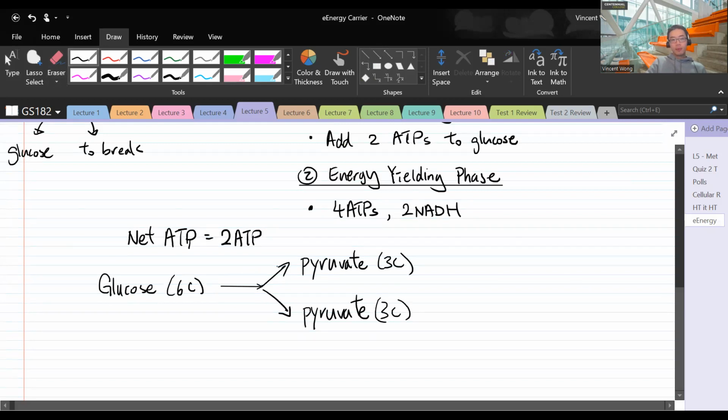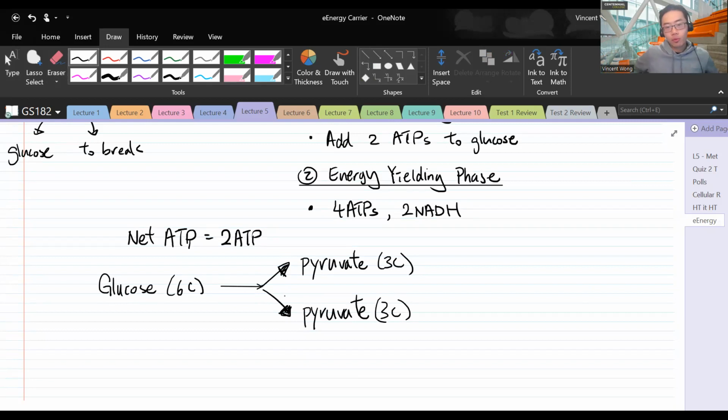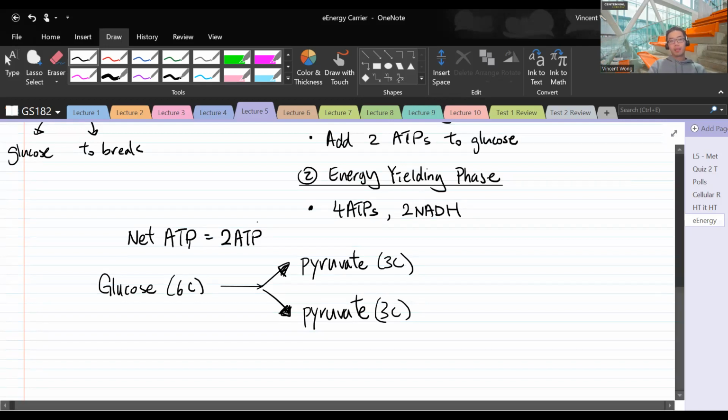Okay. So pyruvate will go on and be further metabolized, and in the end, it's going to be able to generate even more ATPs in step 2, step 3, and step 4. Okay. So that's basically the main reaction for glycolysis.